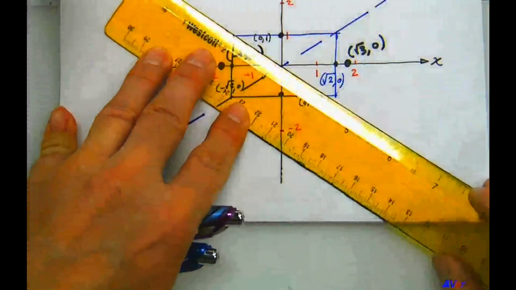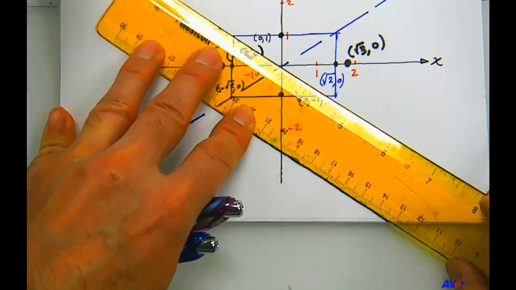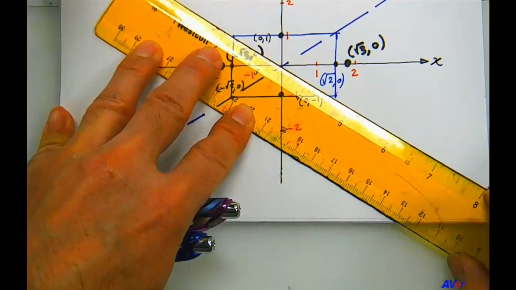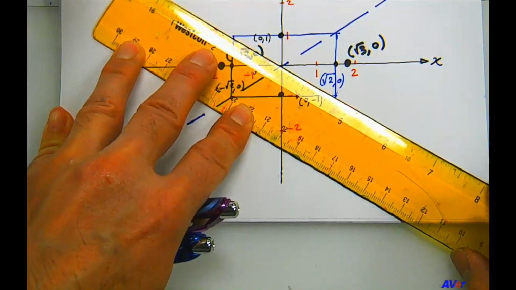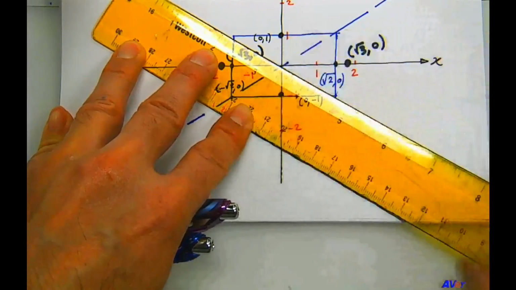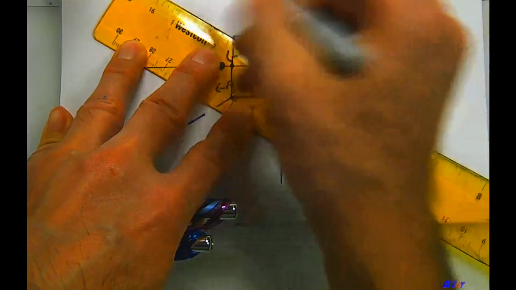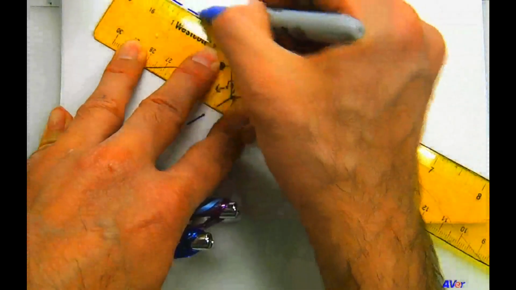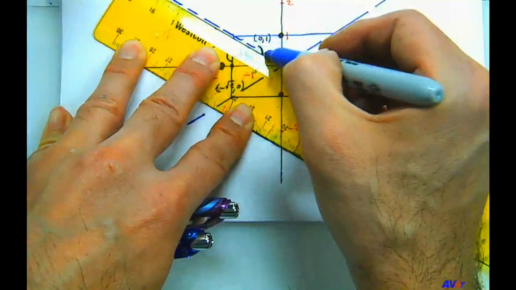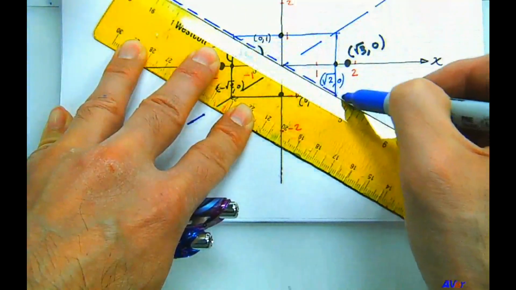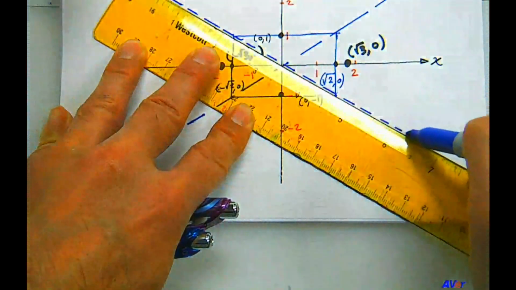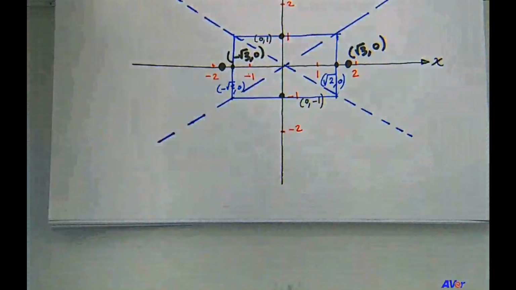Notice that the asymptotes are going through the corner points of the central box and through the center of the hyperbola, right, which is at the origin, like that. Like this.